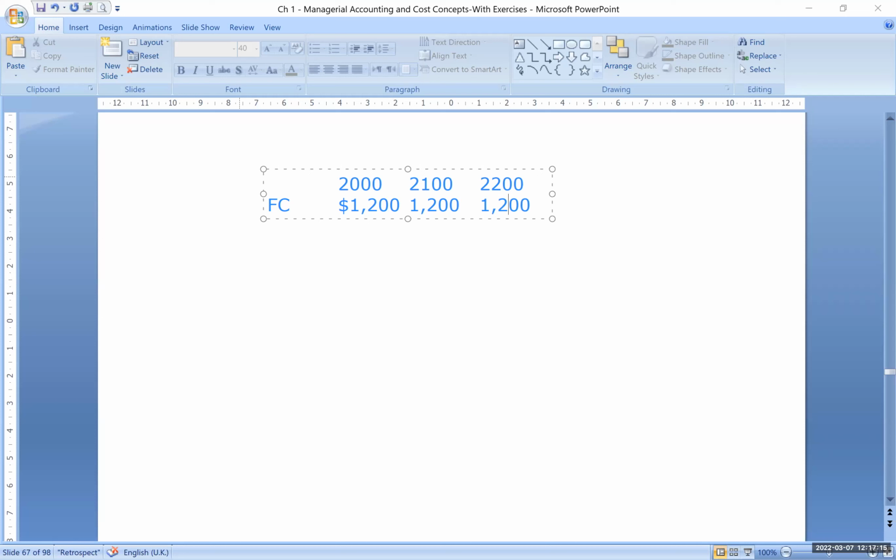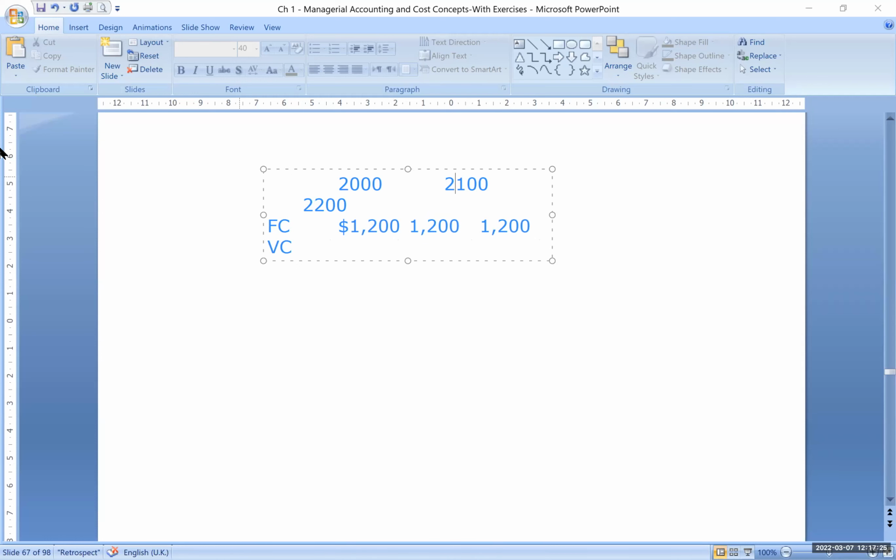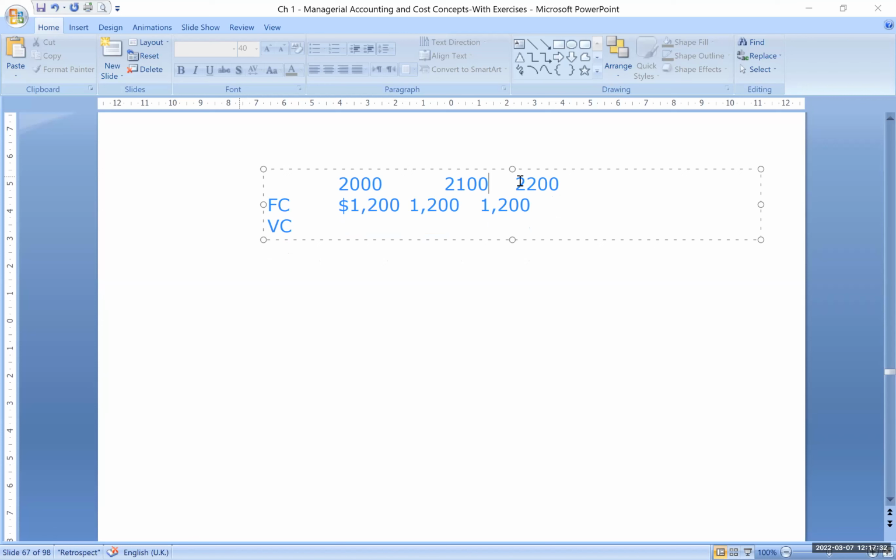Okay. What about the variable cost? Variable cost is not fixed. It should be different between the alternatives, right? Why? Because it depends on the number of cups that we serve. Then we have to calculate the variable cost for each level.